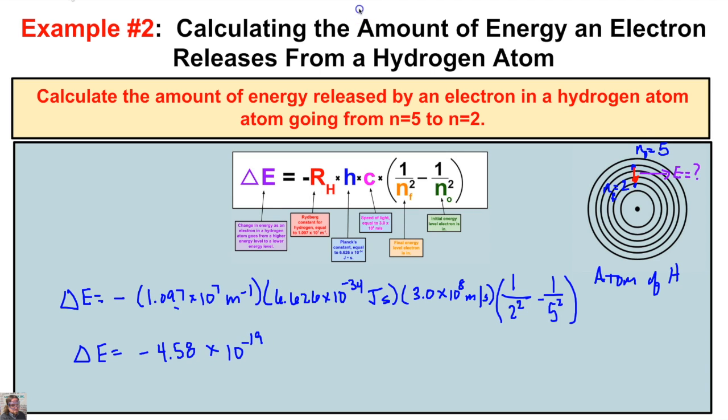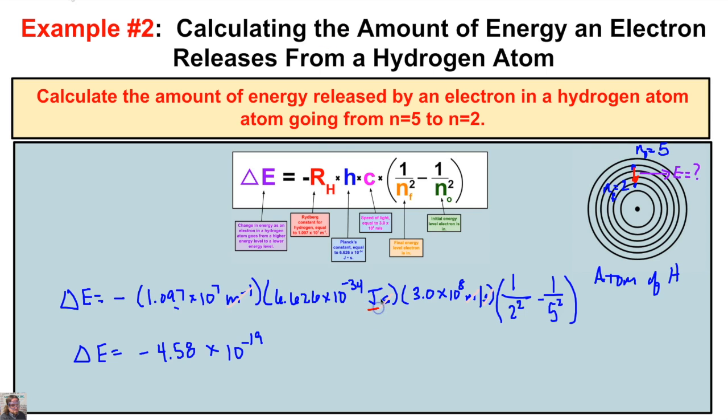Let's take a look at what cancels out so we can figure out our unit here. We have meters in the denominator and we have meters in the numerator. They're going to cancel. We have seconds in the numerator and we have seconds in the denominator. They're going to cancel, leaving us with joules left over.